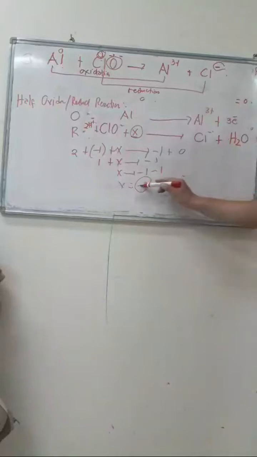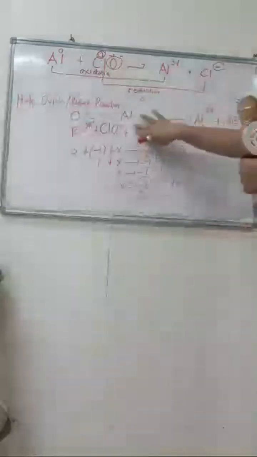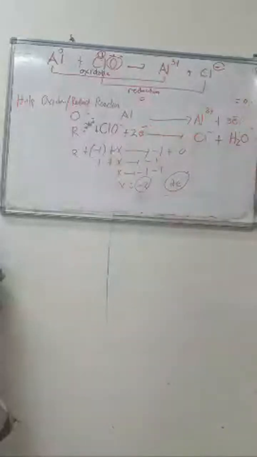The negative sign here would mean that it is an electron with negative sign. Okay, that's the purpose only in here. Okay, things like that. So, erase the X and change with 2 electrons. So, it will now become 2H plus plus hypochlorite plus 2 electrons is equal to chloride plus 1 mole of water. Things like that.